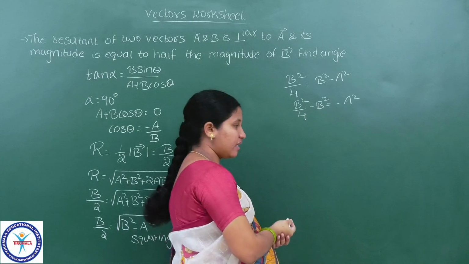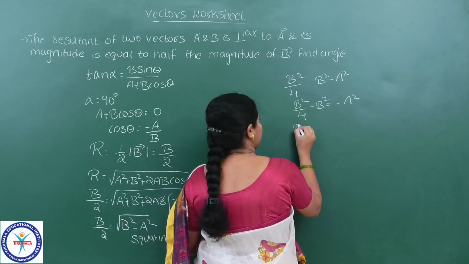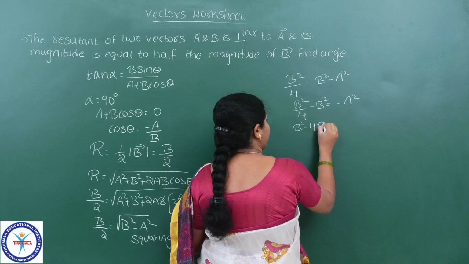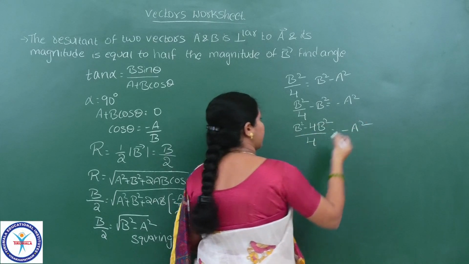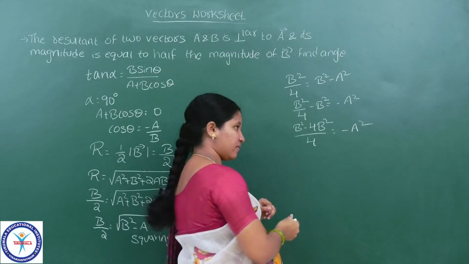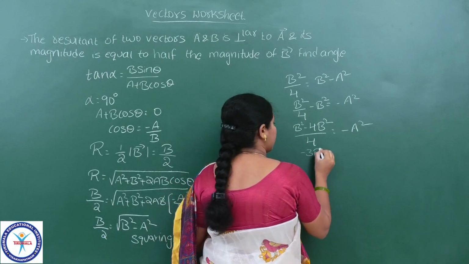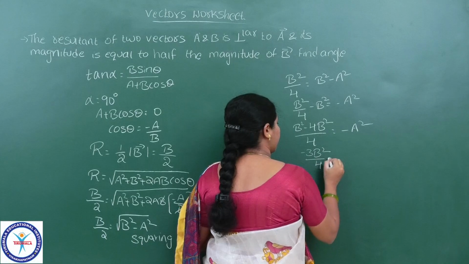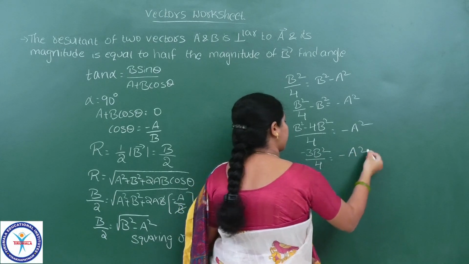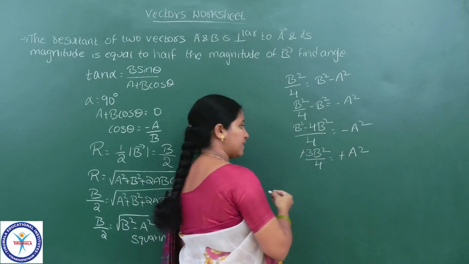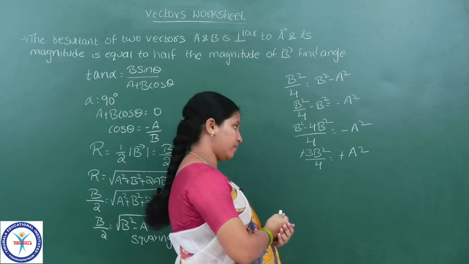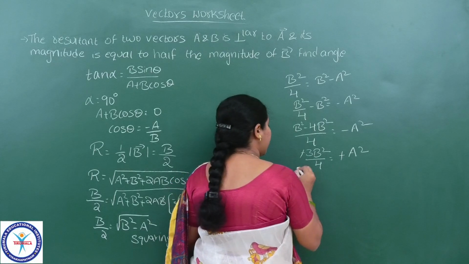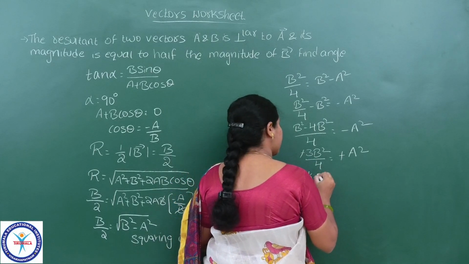Now take the LCM, 4 is the LCM. So B square minus 4B square by 4 equal to minus A square. B square minus 4B square gives minus 3B square by 4 equal to minus A square. So minus gets cancelled. So write B in terms of A, or taking square root on both sides.